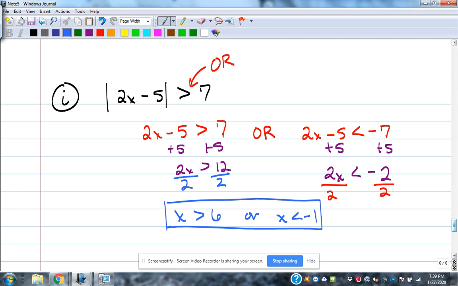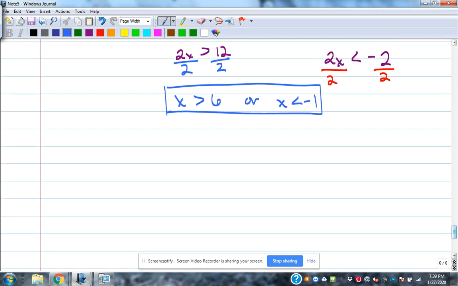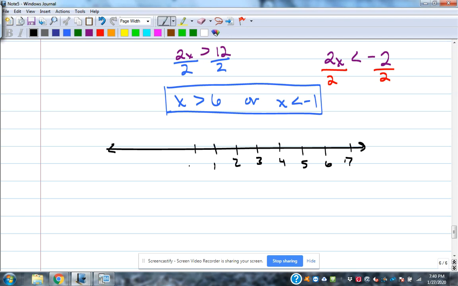Let's put that on a number line. Okay. Draw yourself a number line. Make sure both of your numbers will fit on there. Now, when I do the number lines, I'm going to do them with interval notation marks. Instead of open circle, filled in circle, I'm going to use parentheses and brackets, just because I think it helps bridge that gap.